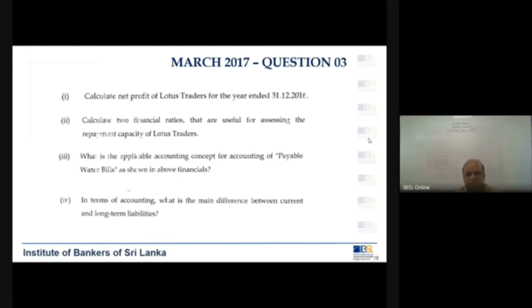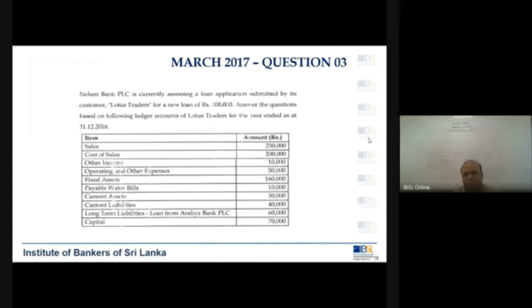Calculate net profit of Lotus Traders for the year ended 31/12/2016. Can we calculate it quickly? Calculate the net profit. They are asking about the net profit. And you know this is a traders. So what do you need? First you need to have the gross profit and then you get the net profit. So they are asking you for the net profit.